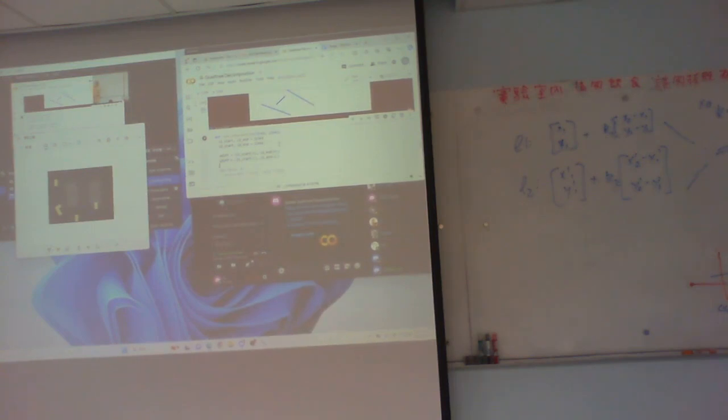And the first one will be x2 minus x1, negative x2 dash minus x1 dash. And the next one will be y2 minus y1, minus y2 dash minus y1 dash.